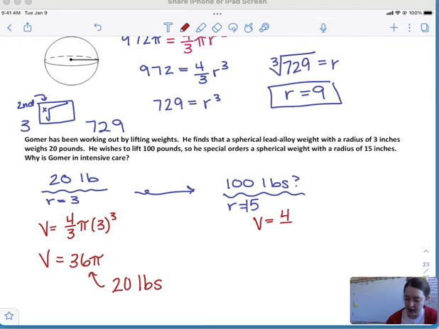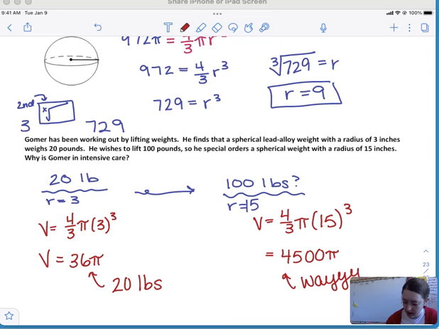So 4/3 pi times 15 cubed. When we put this into our calculator, we're going to get 4,500 pi. Is that going to weigh 100? Is that just going to be 5 times as much as the other one? No, not at all. That is going to be way more than 100.